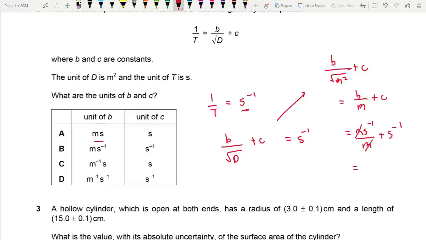We get rid of the meters, and we do get the correct unit, second to the power minus 1. So B looks like the answer. C and D are wrong because if you wrote meter to the power minus 1 second by meter plus second, it would turn into meter to the power minus 2 second plus second, which doesn't make sense. So yeah, those are wrong.